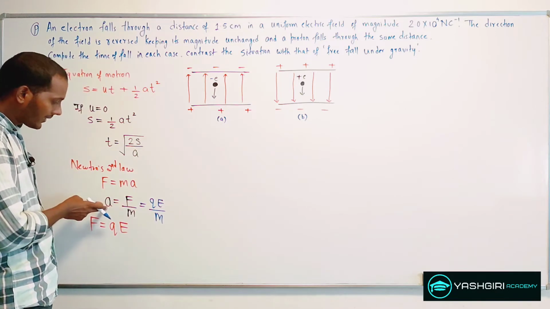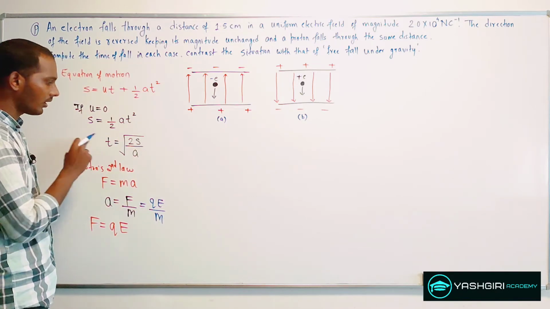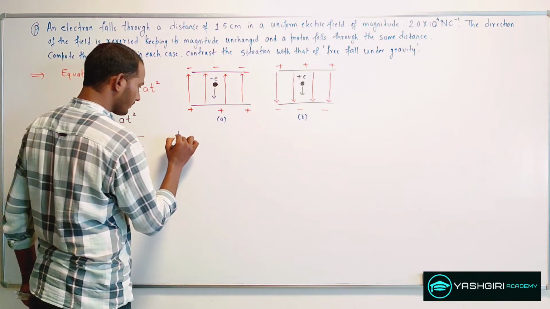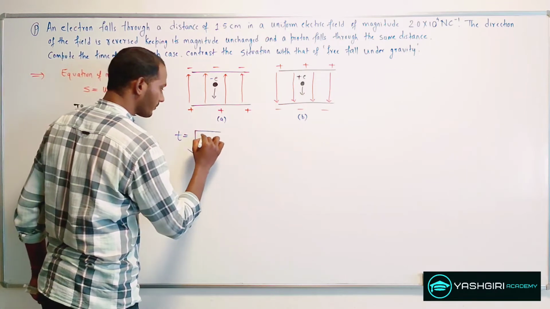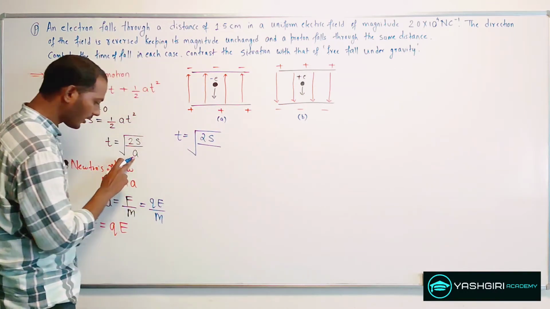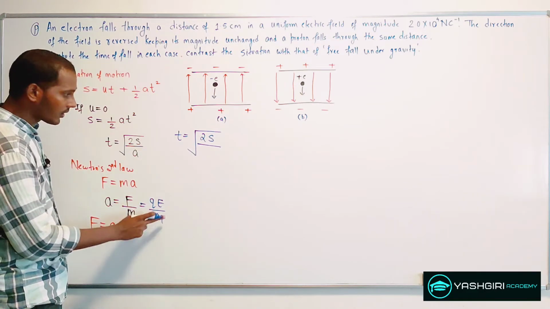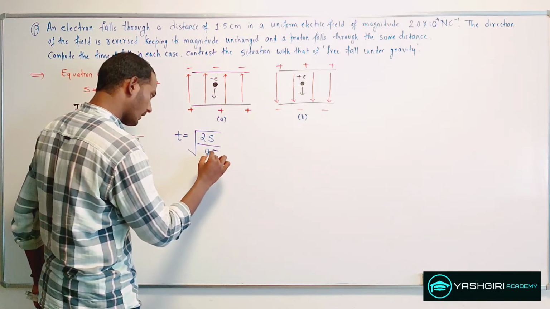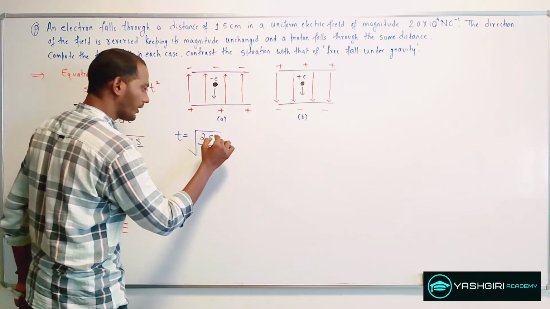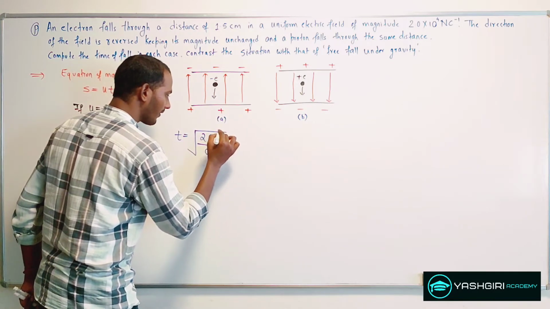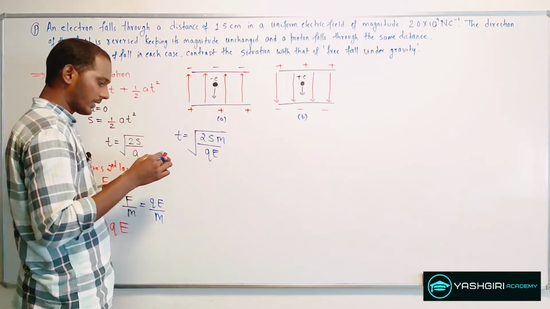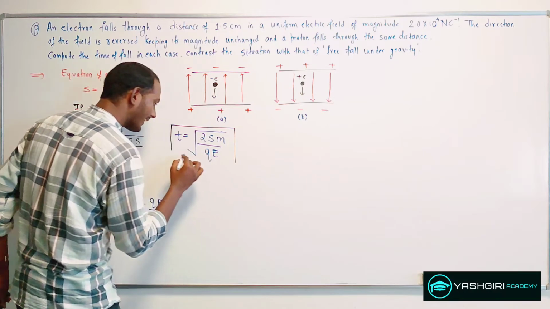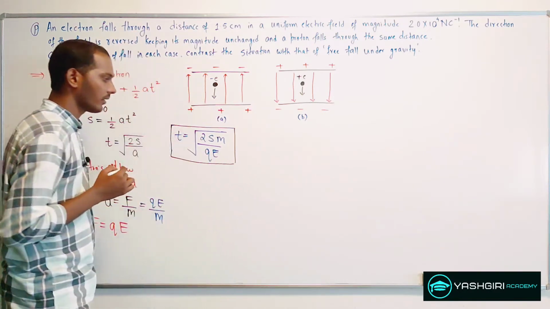And if I substitute this acceleration back into the time expression, t is equal to the square root of twice s upon acceleration, which is qE upon m. So m I can write in the numerator part. So that's the final expression to calculate the time of fall for both the charged bodies, that is for the electron or else the same for the proton as well. Alright.